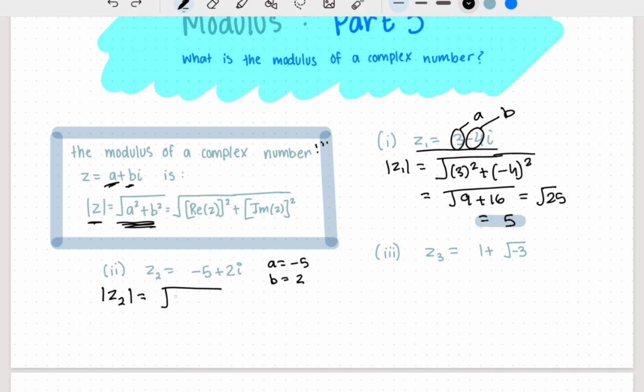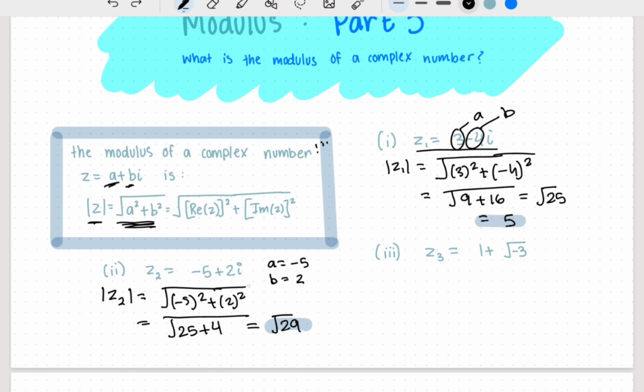So we get minus 5 squared plus 2 squared. This is equal to 25 plus 4, which is the square root of 29. So the square root of 29 is the modulus of z2 equals minus 5 plus 2i.